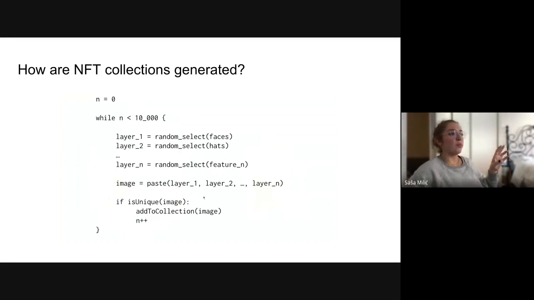Then I assume there's some check for uniqueness to make sure there are no duplicate images in the collection, and then that's added to the collection. So this is a very high level, rough algorithm for what a generation algorithm looks like for most 10K NFT collections. Ask me any questions if you don't have a programming background. But what I'm trying to show is that this is relatively simple compared to what we're doing.